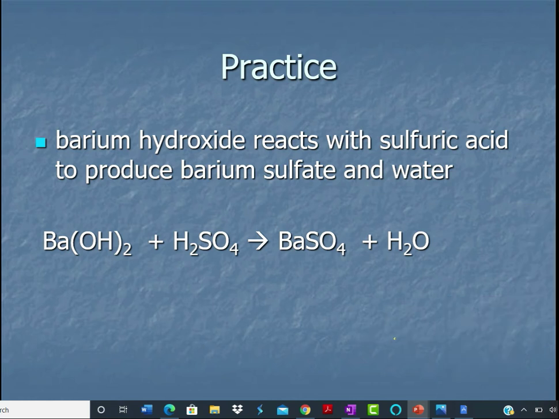I don't like yellow. And we know that barium is +2, hydroxide is -1, hydrogen is +1, sulfate is -2, barium is +2, sulfate is -2, and water is H2O.